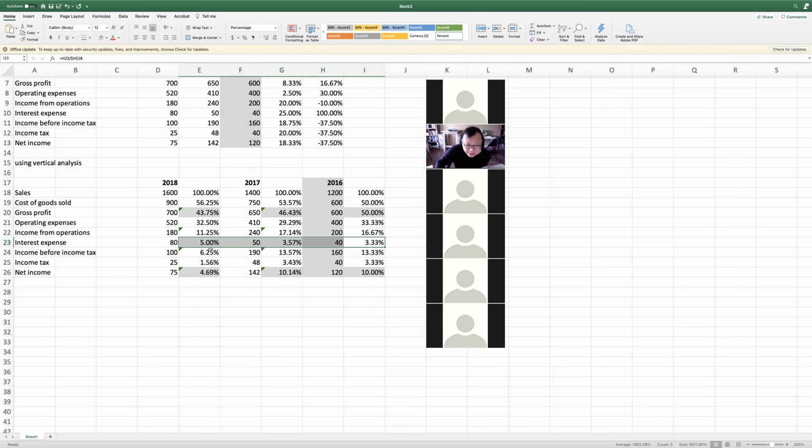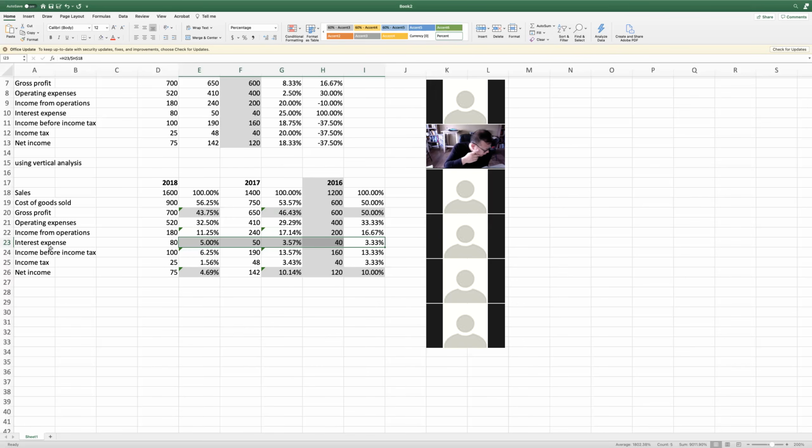So you can see that the interest expenses have been hiking up. So you borrowed more money. So that's something eating up your income. What else can you see?